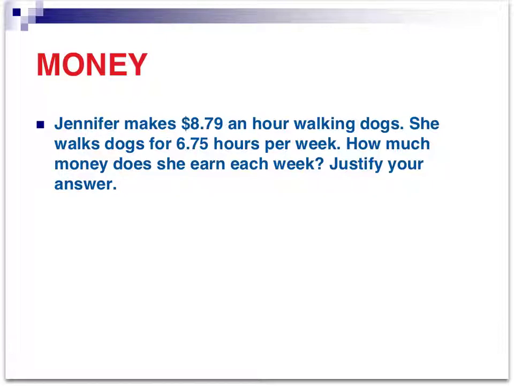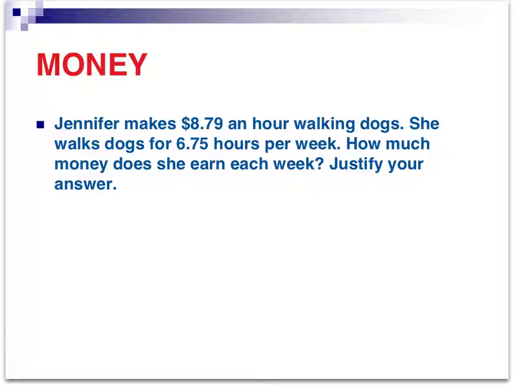Jennifer makes $8.79 an hour walking dogs. She walks dogs for 6.75 hours per week. How much money does she earn each week? Justify your answer. So the important details of this problem, we need to know, well, how many hours does she walk the dogs, which we have here is 6.75 hours.